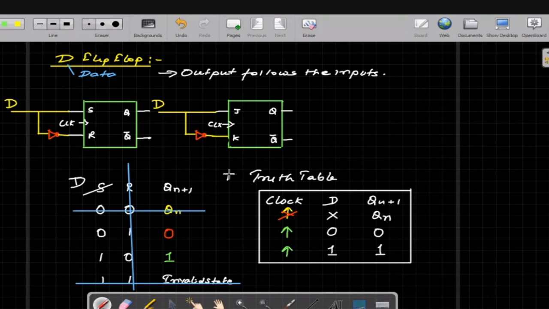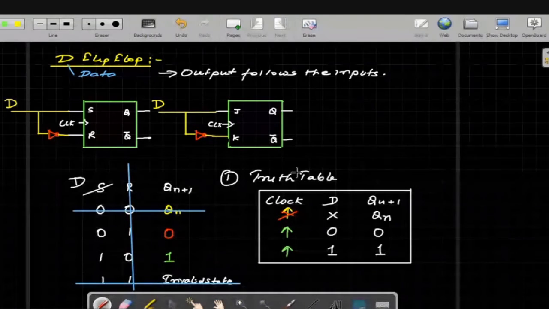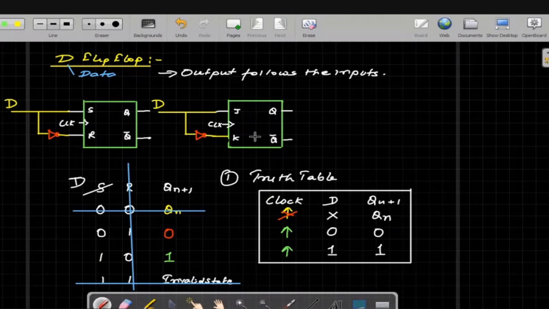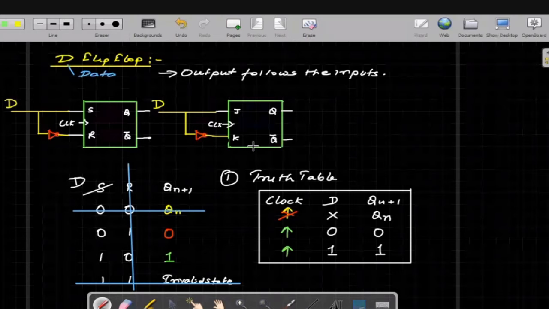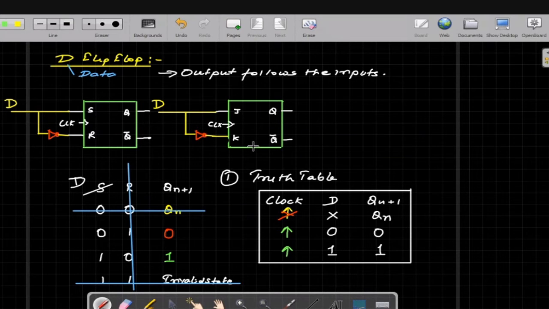This is the first important table we have to consider when studying flip-flops, and there are four other things we need to construct to completely characterize or understand a specific flip-flop. The first is the truth table, second is the characteristic table, third is the characteristic equation, and finally fourth is the excitation table. So now we know how the D flip-flop looks like.